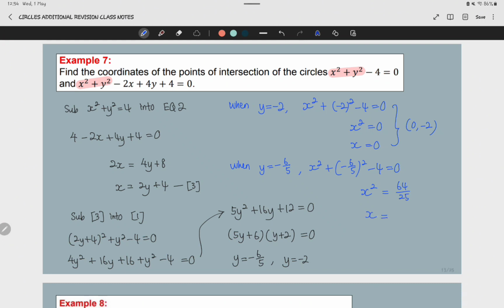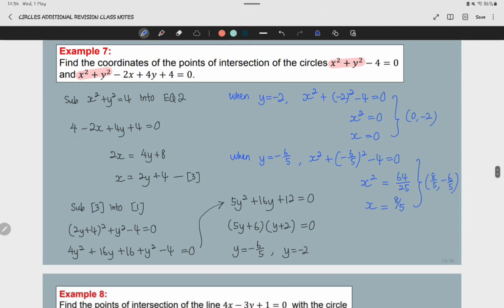So your x would be 8 over 5. Plus minus, never mind, 8 over 5. So this one will give you another point, 8 over 5 and negative 6 over 5. Therefore you have found your answers, 0, negative 2 and 8 over 5, negative 6 over 5. This is your point of intersection.